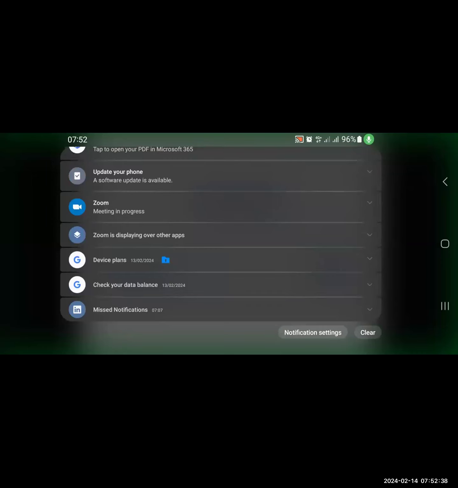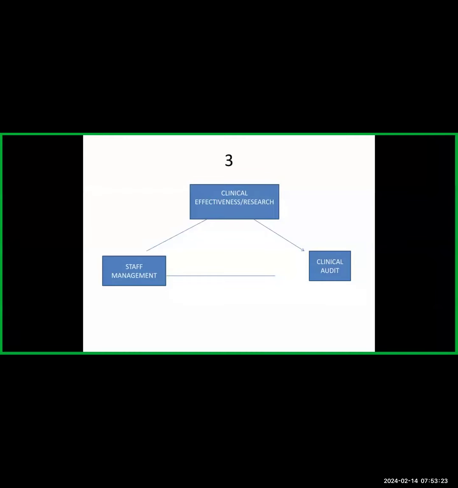So either you are auditing the structure, which involves the materials, money, and manpower on ground, or you are auditing the process, which involves the knowledge, the behavior, the attitude of those who are providing healthcare, or you are auditing the outcome, which involves the things that you are seeing on ground, in terms of what is the outcome from what the clinical health providers are providing on ground.